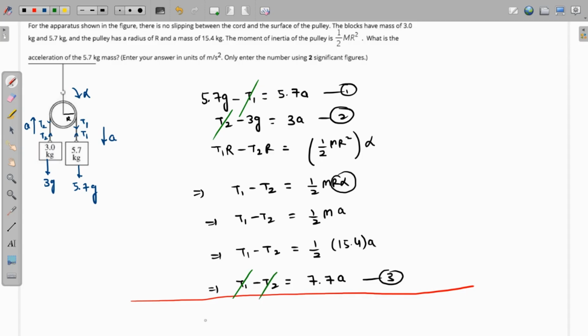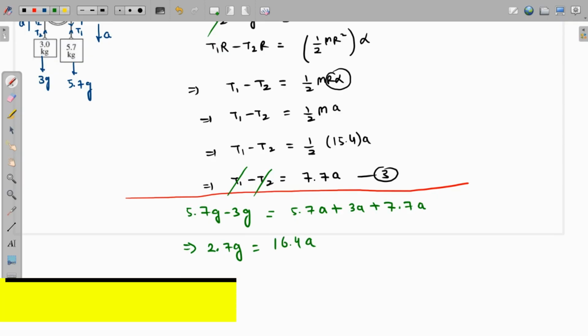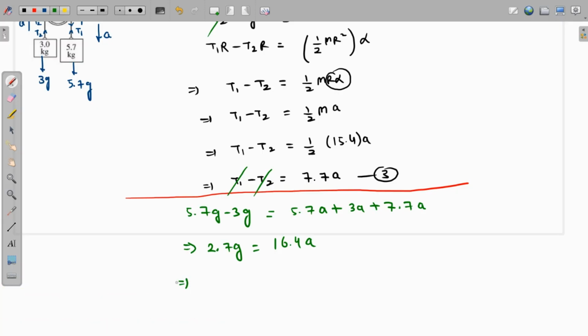So if we add them up, we are left with 5.7 g minus 3g on the left side, and 5.7a plus 3a plus 7.7a on the right side. 5.7 minus 3 is of course 2.7, so 2.7 g, and this is 5.7 plus 3 plus 7.7, which is 16.4a. Dividing both sides by 16.4, we finally get our answer: the acceleration is a equals 2.7 g over 16.4.